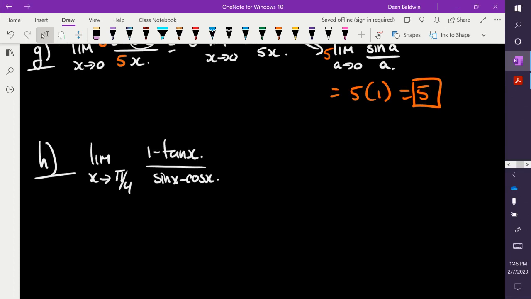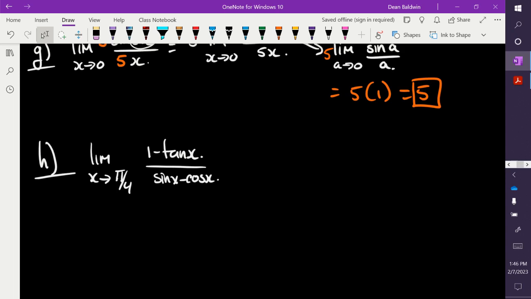What is pi over 4? 45. What's sine of 45? 1 over root 2, or root 2 over 2, either way. Everybody agree with that?